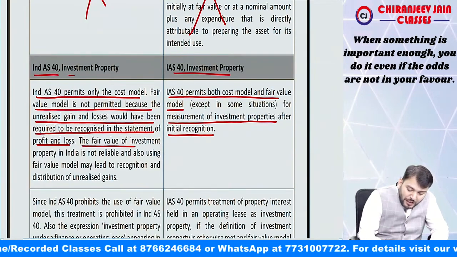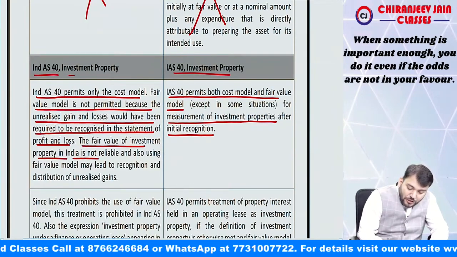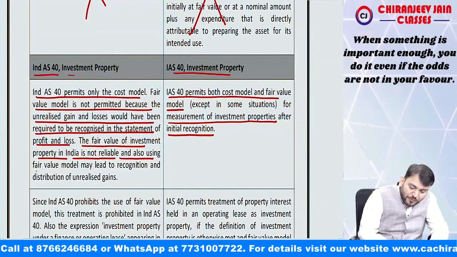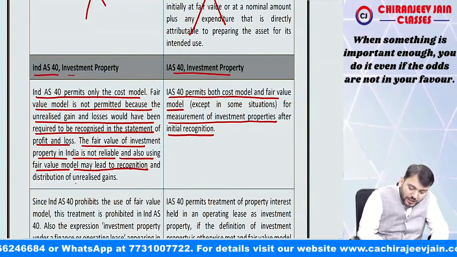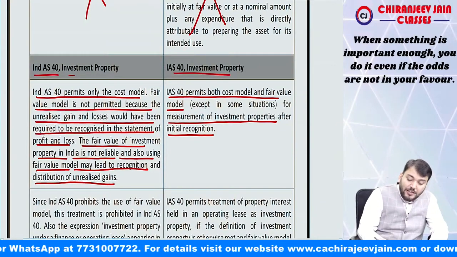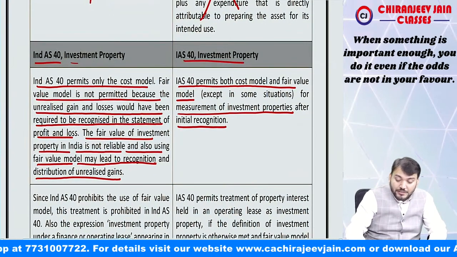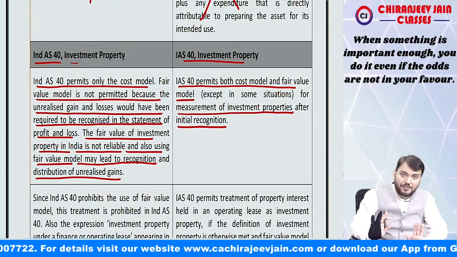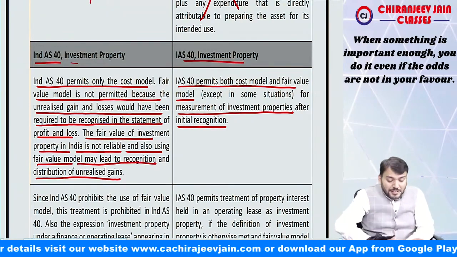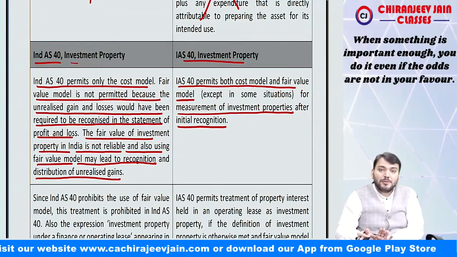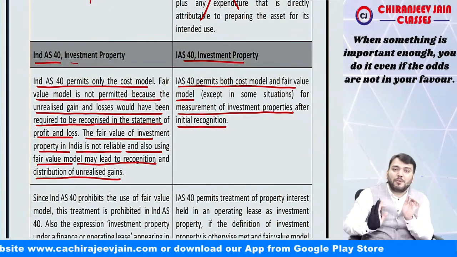Correct? The fair value of investment property in India is not reliable, and also using the fair value model may lead to recognition and distribution of unrealized gain. Meaning as per Ind AS 40, such gain will also be transferred to P&L. So because of that, they have removed the fair value model for investment property.